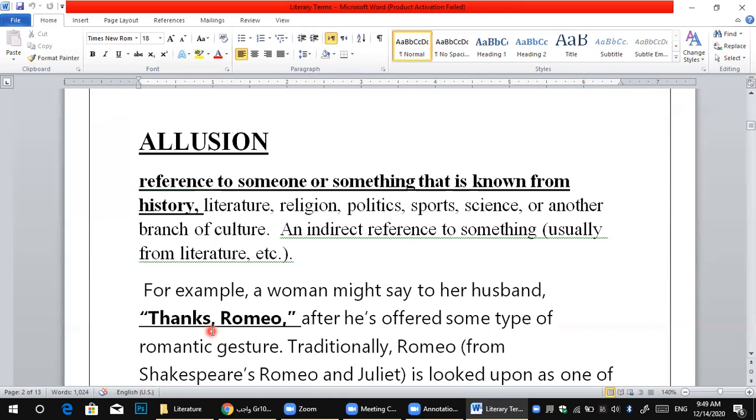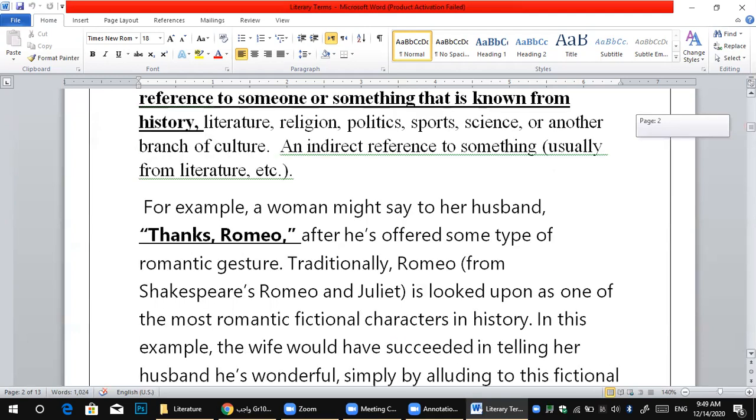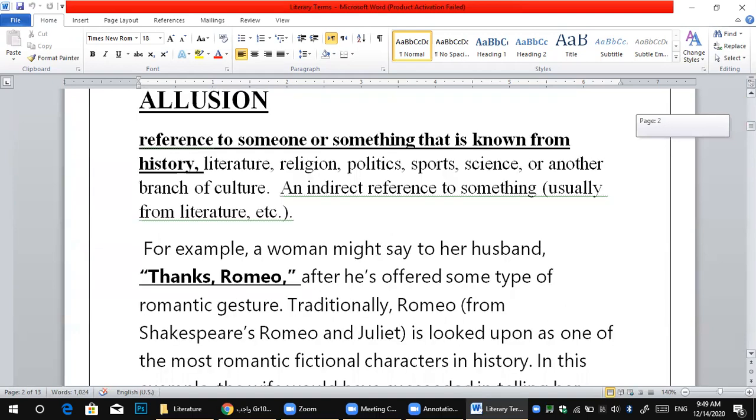Of course, her husband is not Romeo, but she said it after he offered some type of romantic gesture. So that's an allusion.